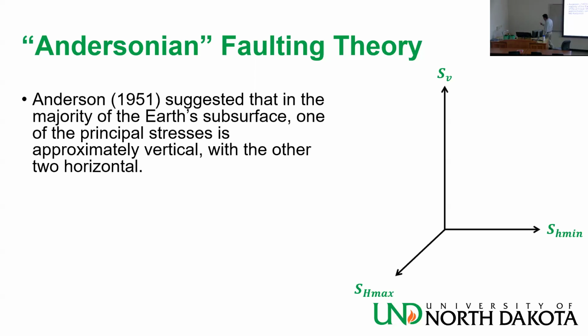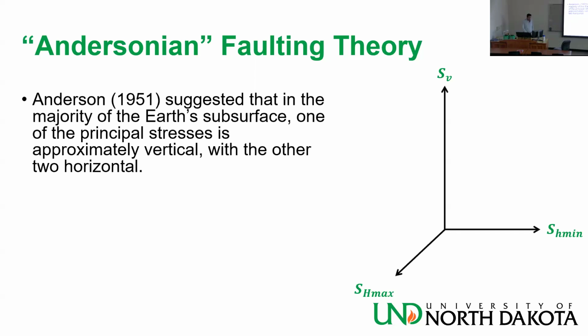So let's call the one that is more compressive S capital H max, the maximum horizontal in situ principal stress. And the other that is left would be S lowercase h min, which is the least compressive horizontal in situ principal stress.